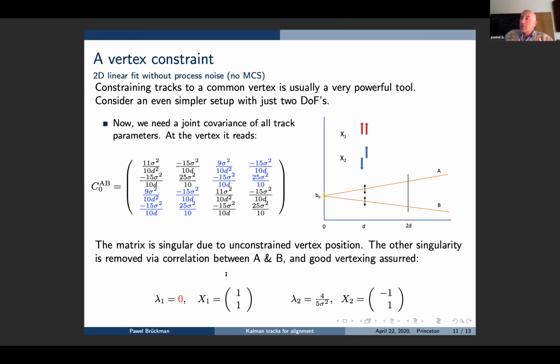And now I'm using this formalism that was shown at the end of the formal discussion, which is the one that gives you the full covariance of track parameters, but common for all the fitted tracks. Well, in this case, there are 2.